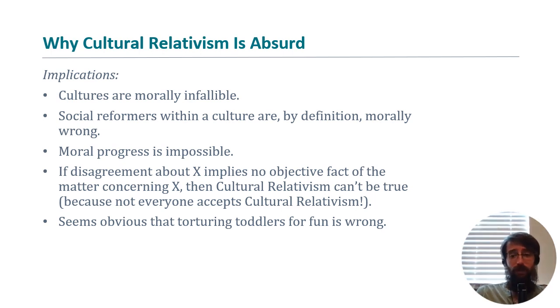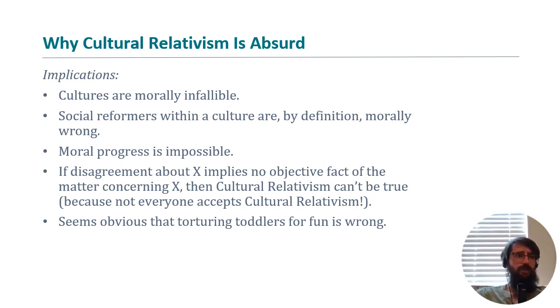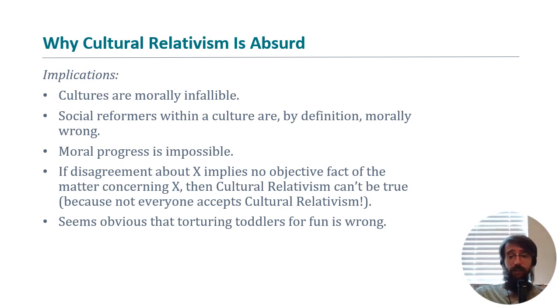I, for one, don't accept it, given the absurdities that it results in and the lack of support for it. So if there's disagreement about cultural relativism, and if the logical principle, disagreement implies no fact of the matter, is true, then of course cultural relativism can't itself be true. Right? So that's a huge problem for the view. It seems to suggest that the view is internally inconsistent. It's incoherent, self-contradictory, we might say.